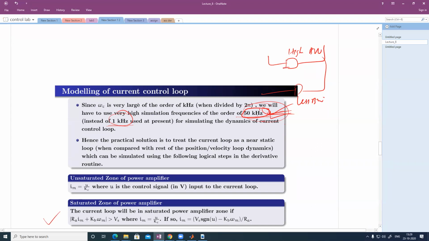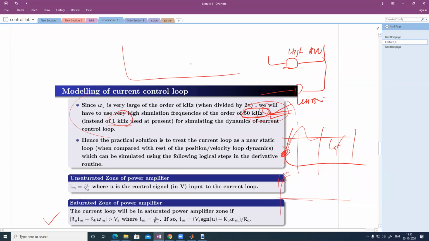So the current loop you are using, this one is important. That will settle before. If the response for this motor comes like this, it will be settled at this time. This current loop is actually high frequency, and here it is low frequency.